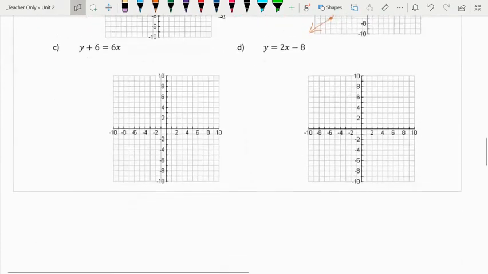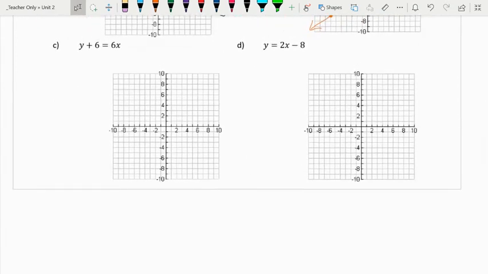On letter C, we can think of this as point-slope form, or you can think about it getting it into slope-intercept. If you think about it as point-slope, you would have a 0 in there because it could disappear. So our point would be (0, negative 6).